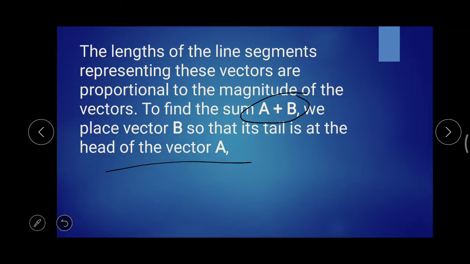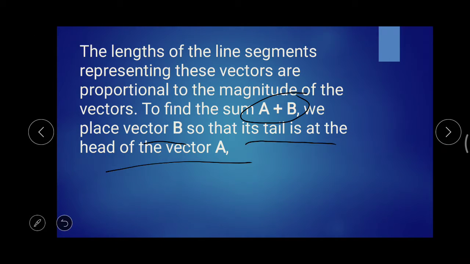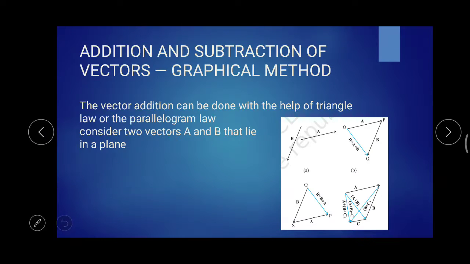We are placing the vector B so that its tail is at the head of the vector A. Let us see that one. You can see the tail and the head, which is represented with the arrow mark.